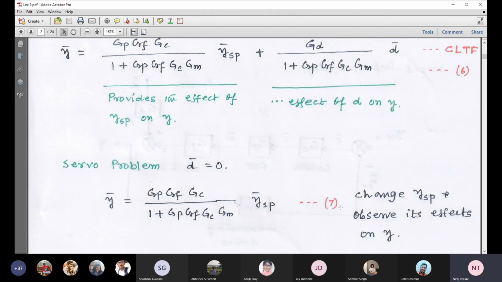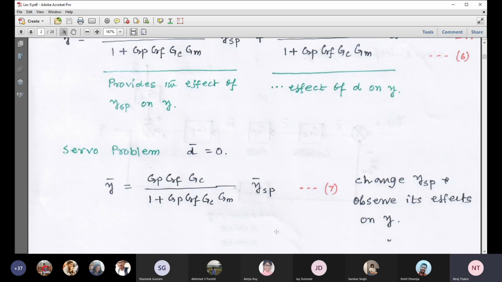For any chemical process, if we consider the temperature or the product purity, in future we may want to get more than what we currently have or less than that as per the market demand. In that case, we can change this YSP and observe the process dynamics Y. Okay, this is one example.